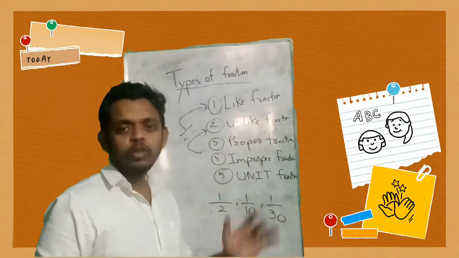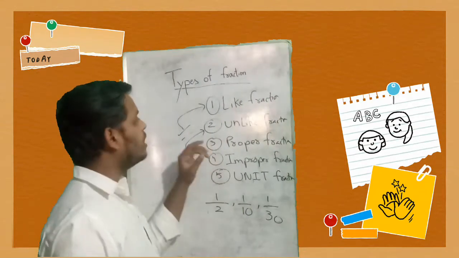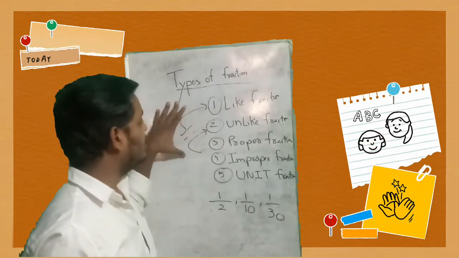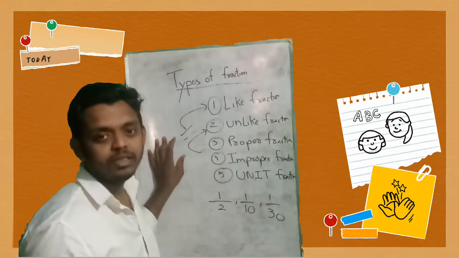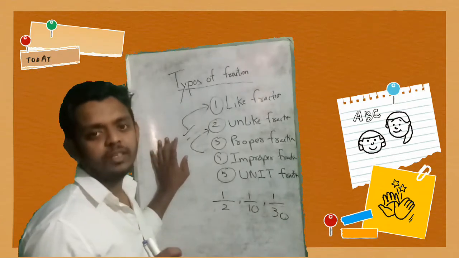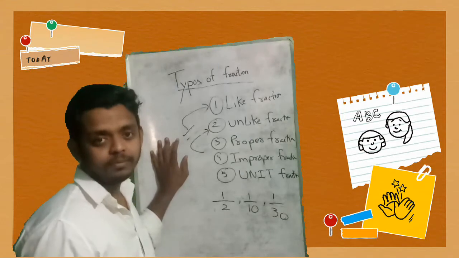Now, going through a quick revision, fractions are of 5 types. The first one, like fraction. The second one, unlike fraction. Third, proper fraction. Fourth, improper fraction. And fifth, unit fraction. Now, what is a like fraction?